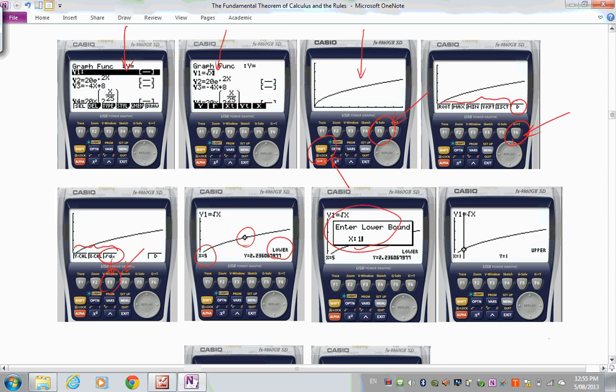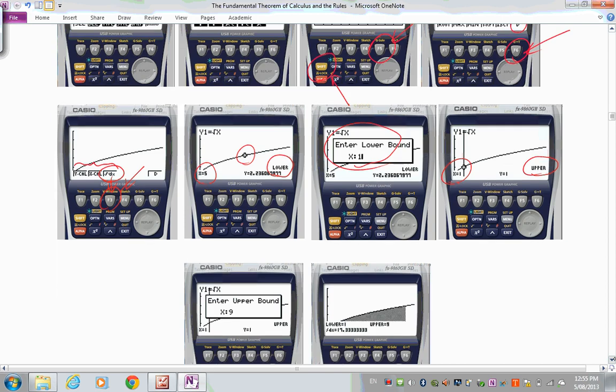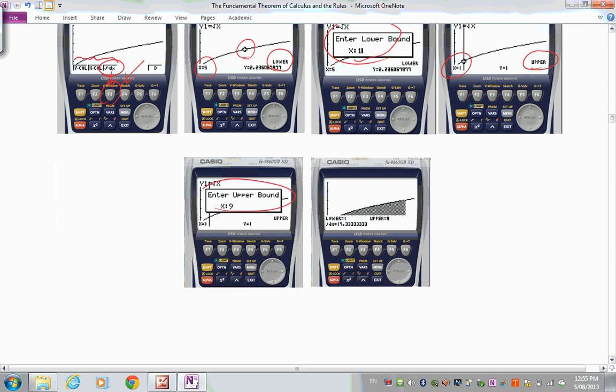If you hit execute, it's got the lower bound of 1 and switches to upper. Then put in your upper bound, just hit the number 9. It checks that you want the upper bound of 9, hit execute, and there's the integral, the sum of an infinite number of rectangles drawn under the curve.